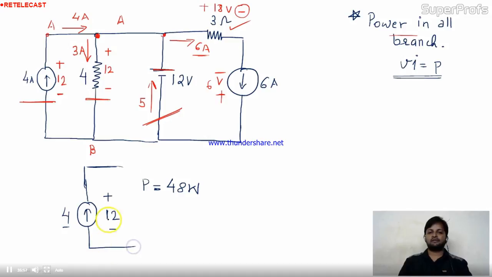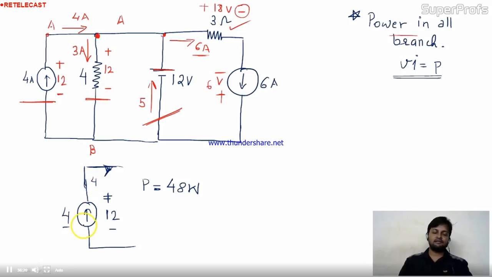If you have a 12 volt battery, the direction of current will be from the positive terminal. This will be the current direction. Is it okay? If you apply one 12 volt battery here, the current direction is from positive terminal to negative terminal. Yes. So current direction is this way.